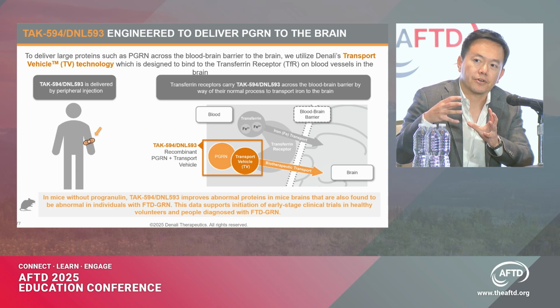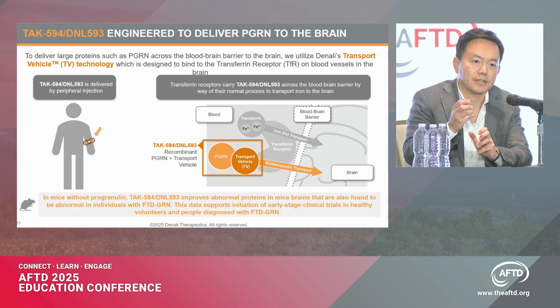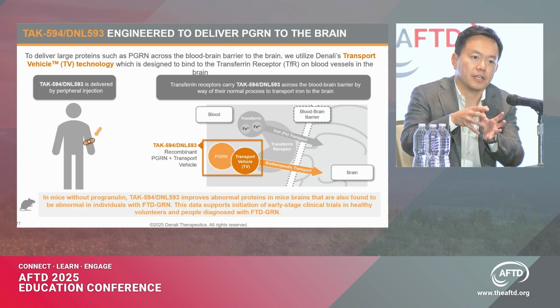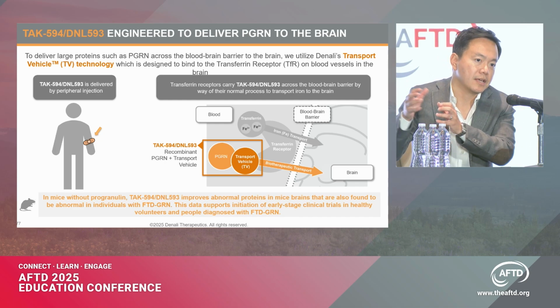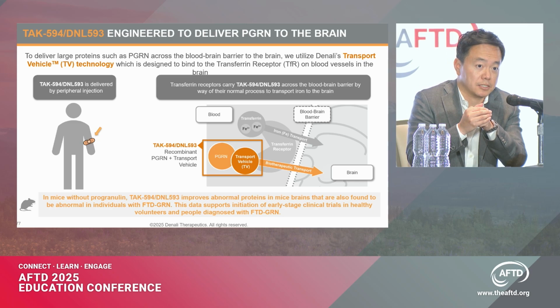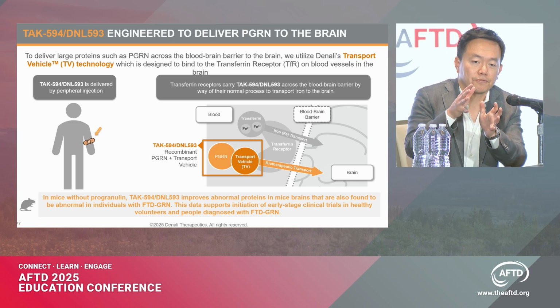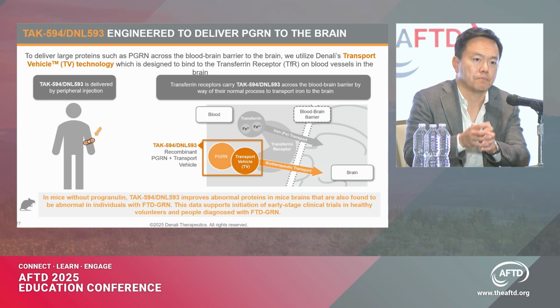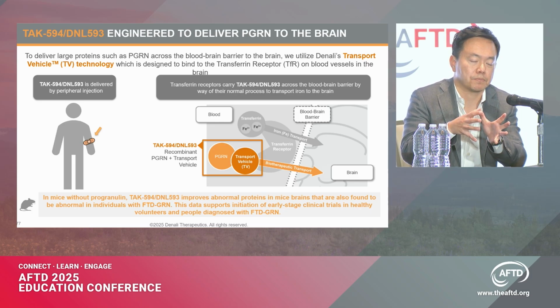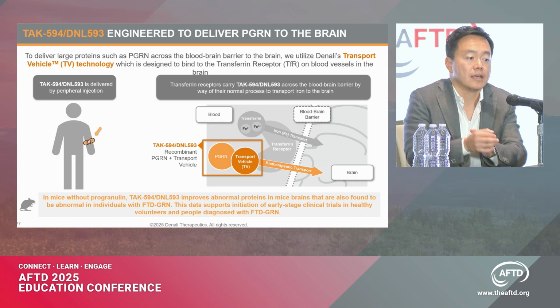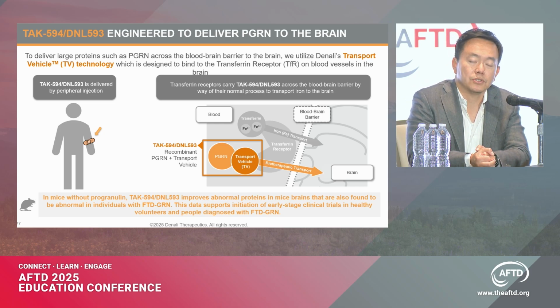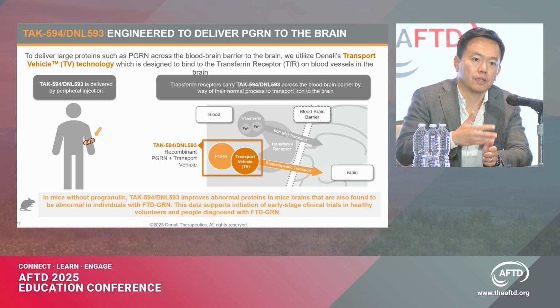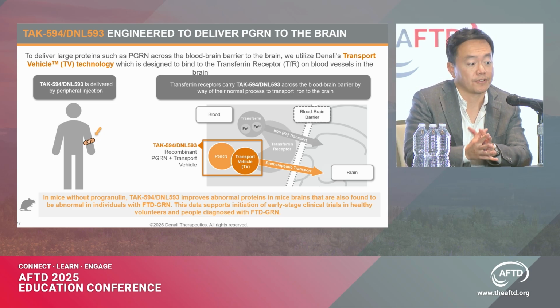The blood-brain barrier normally has a receptor that transports iron from the blood into the brain for the brain to use, and we're simply piggybacking on this mechanism. So we're utilizing a naturally occurring pathway to piggyback a drug as big as a protein from the blood into the brain. And the nice thing about this is that we can use a simple IV infusion, say in the arm, to deliver a progranulin protein from the blood into the brain where we think it's most effective.